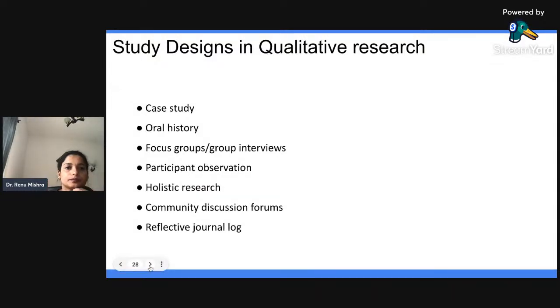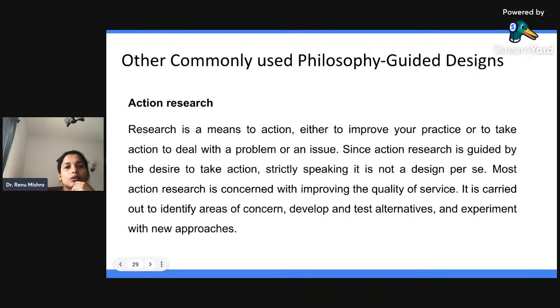Now, some other commonly used philosophy-guided designs include action research. Action research is basically when you would like to improve a problem. This you need to understand. Why I'm telling you here is that for somebody who is eager to take on some consulting projects in future, understanding action research is very important.